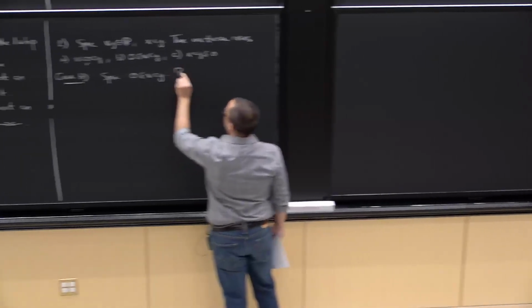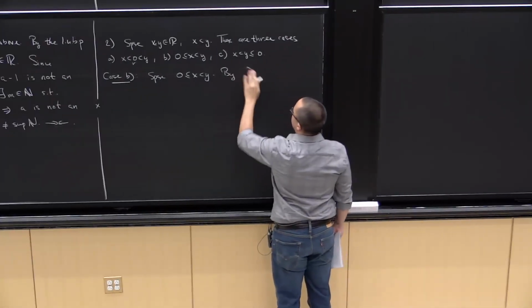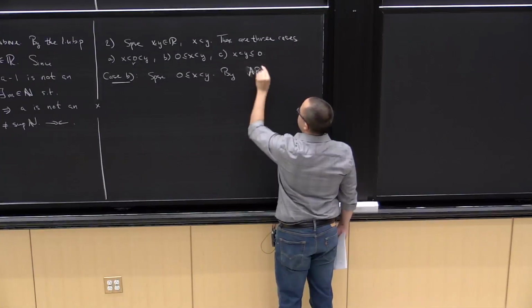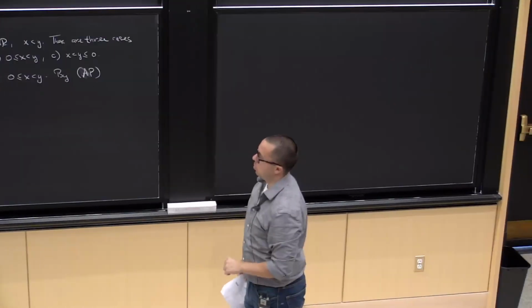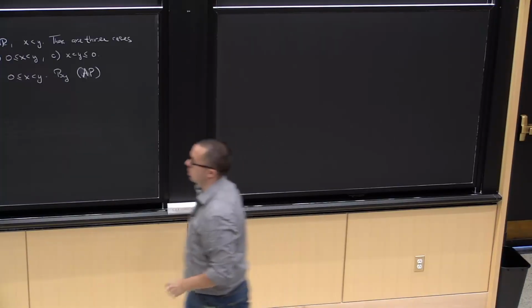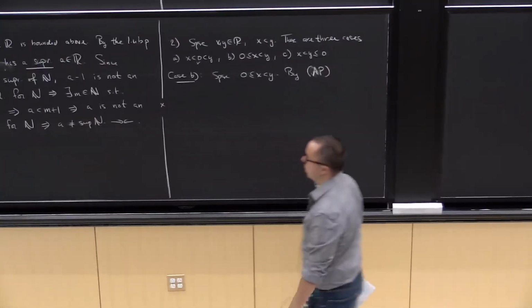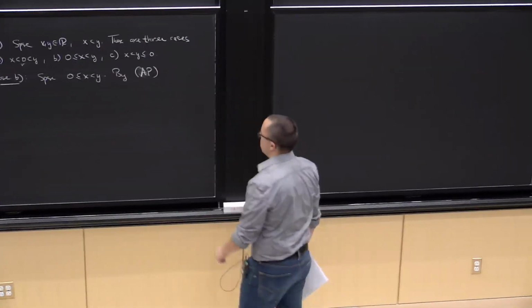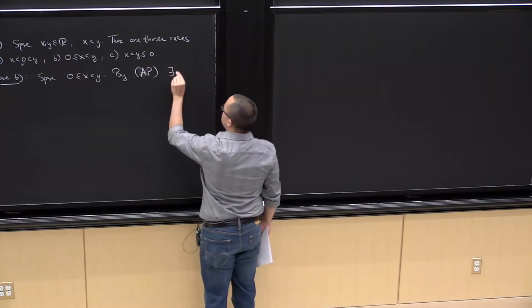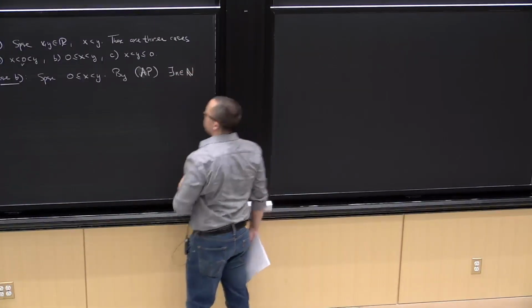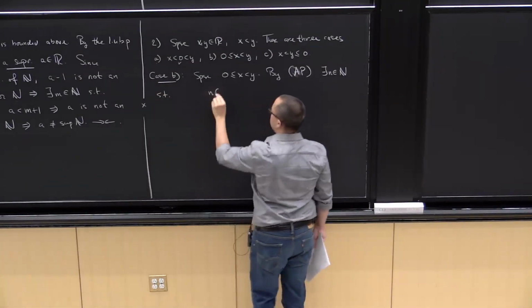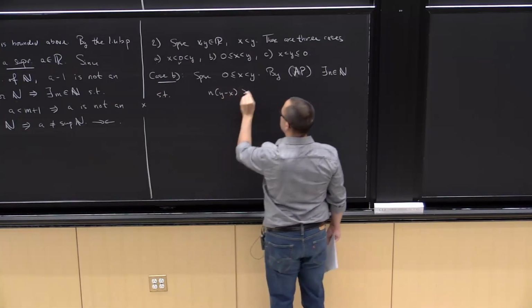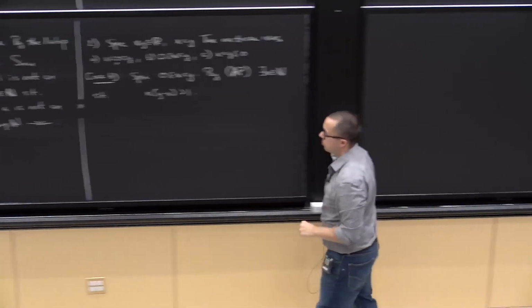Then by AP, which is shorthand notation for the Archimedean property, part 1, which we've already proven is true, there exists a natural number n such that n times (y minus x) is bigger than 1. Okay?